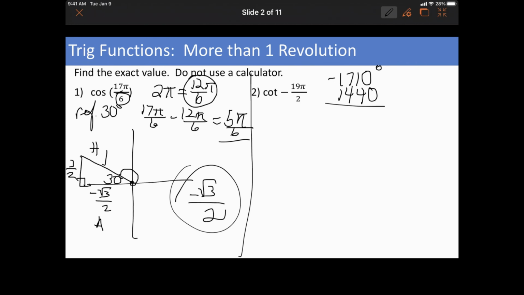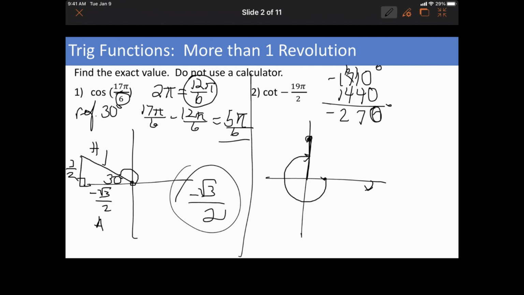So what is left? 270. So you went 4 complete turns around, and now we're going this way. But again, it doesn't matter about the 4. I care about once you get back to here, on the 4th time, we're going 270, which is right there.